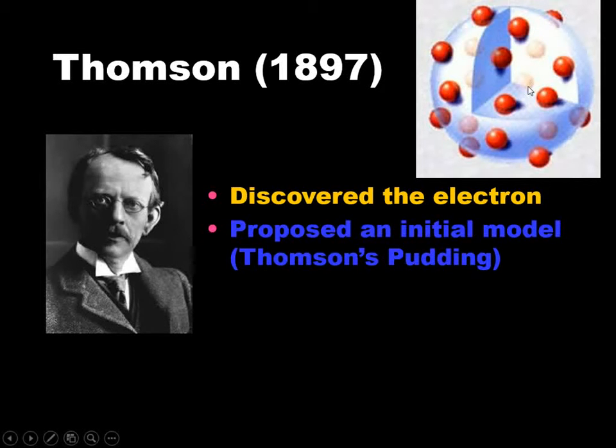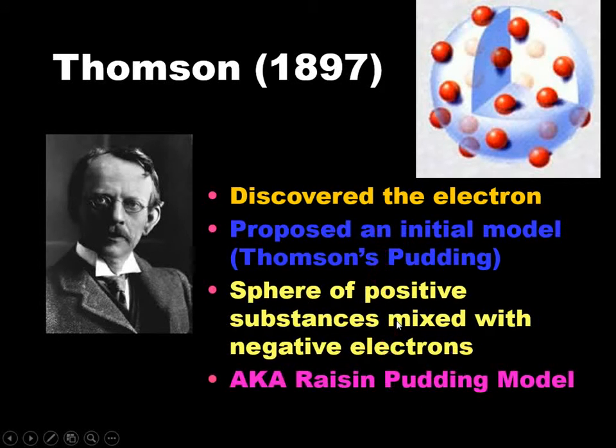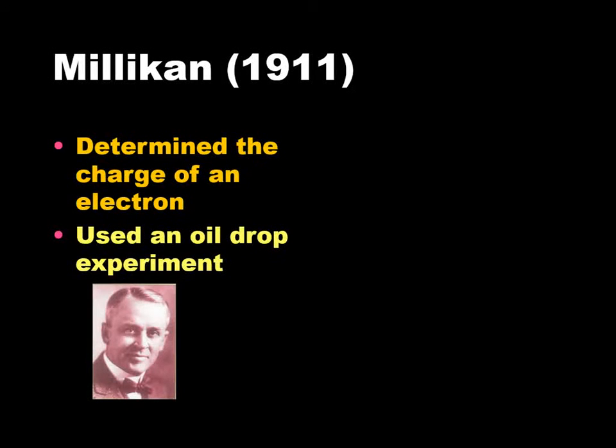So at this point in time, they didn't realize the electrons are on the outside. They didn't realize about the nucleus. They only decided that, hey, we discovered these electrons, and this is what an atom looks like now. Okay? A sphere of positive substance mixed with negative electrons. Raisin pudding, plum pudding, they call it a few different things. Okay? So we got electrons.